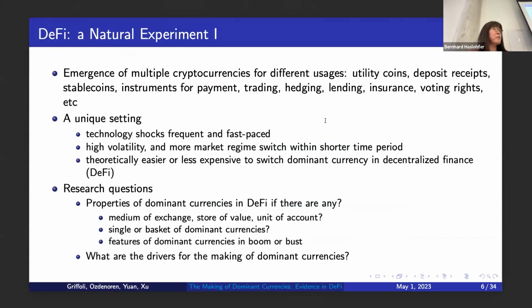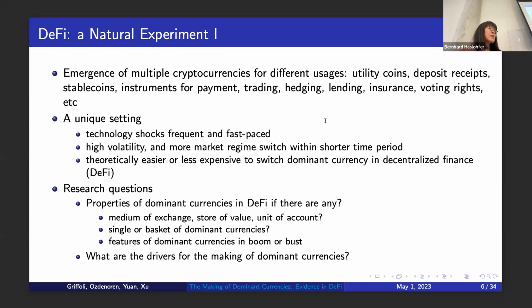It's a very unique area. There are lots of currencies, and they are used for different purposes. Utility coins, as you all know, deposit receipts, stable coins, various instruments for payment, trading, hedging, voting, insurance, etc. There are lots of shocks, a fast pace, and potentially you see a lot of switches.